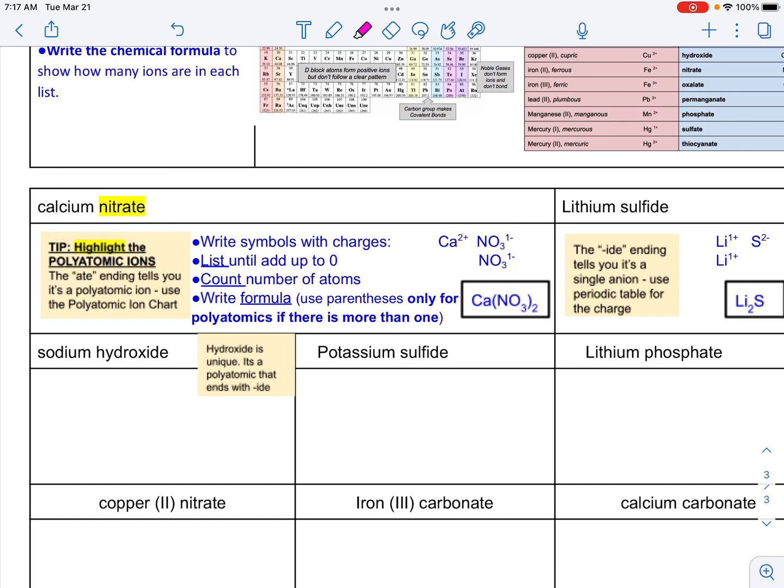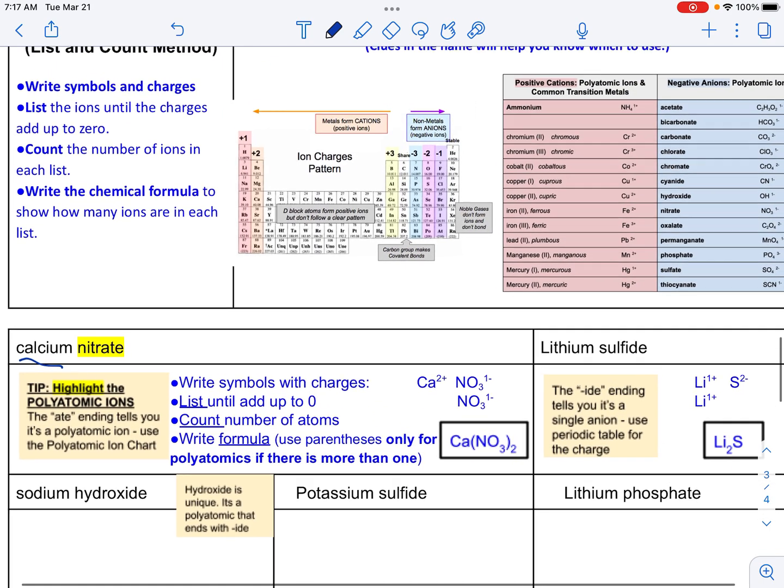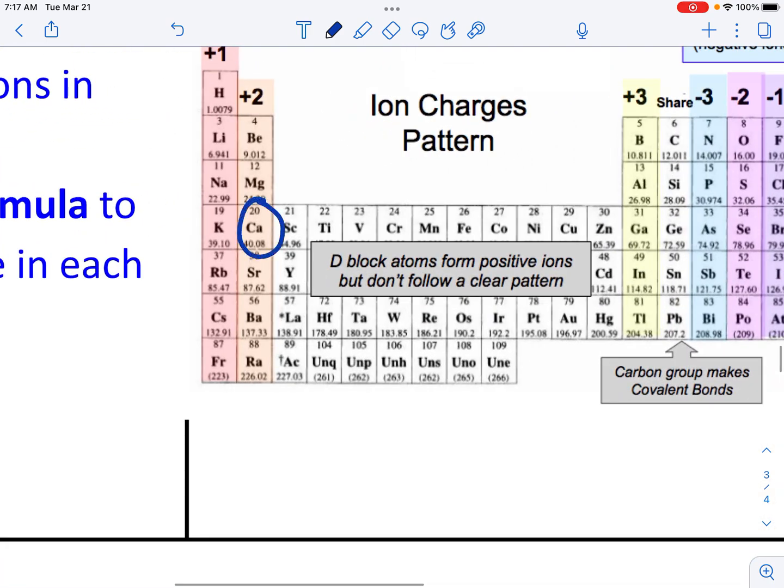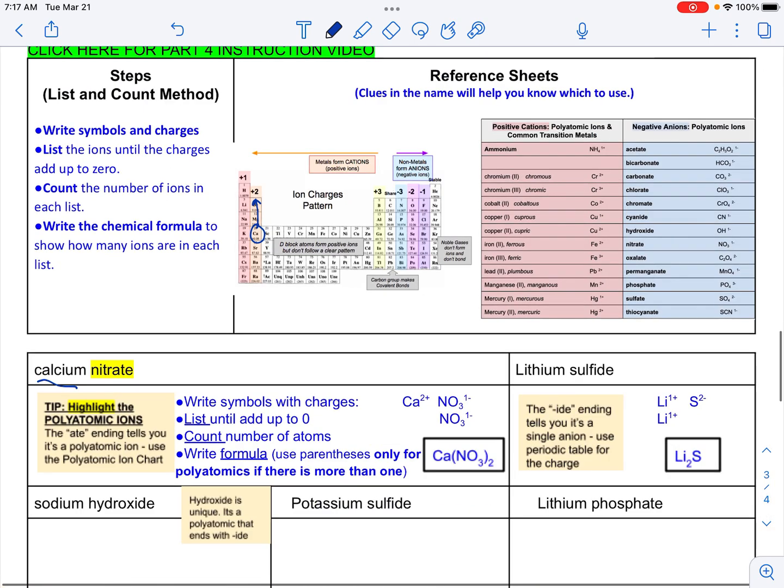You have here in calcium what I'm calling a type 1 ion, which you just find on the periodic table. So we're going to write calcium just like we see it on the table. We find it, it's Ca, and it's a +2. So that is why I wrote Ca +2 here.